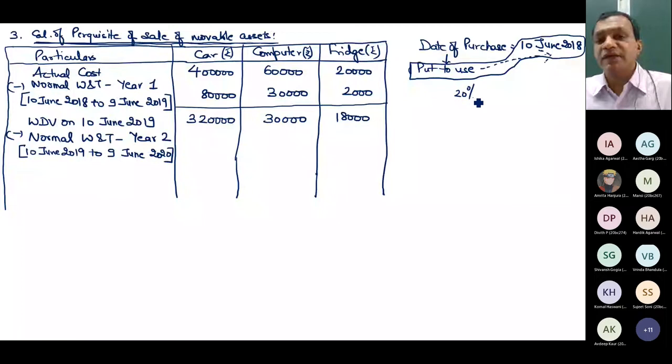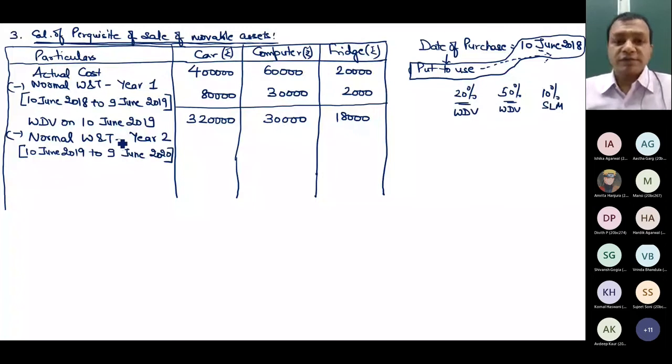If you remember the normal wear and tear, these are the rates. 20% in case of car, 50% in case of computer, and in fridge it is 10% SLM, it is 50% WDV, it is 20% WDV. So it is 64, it is 15, and it is 2,000.